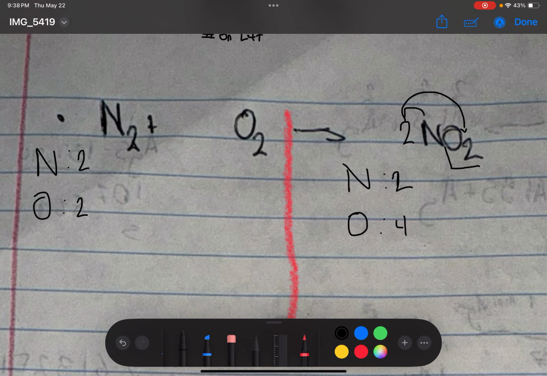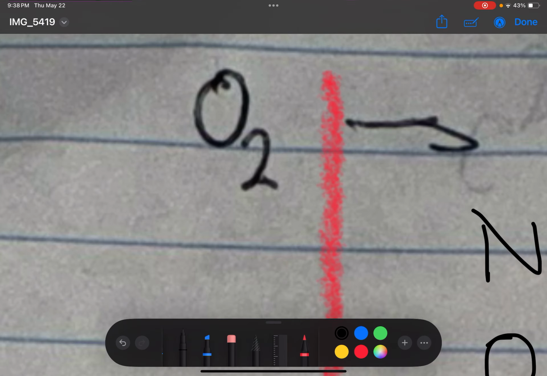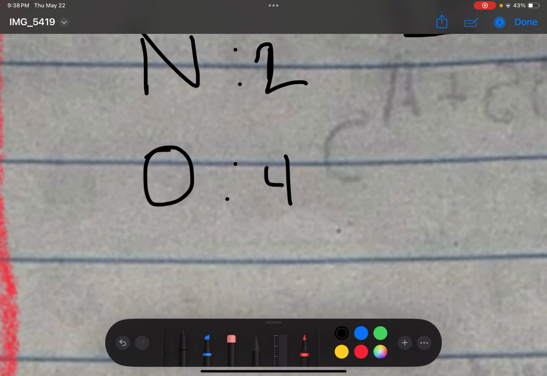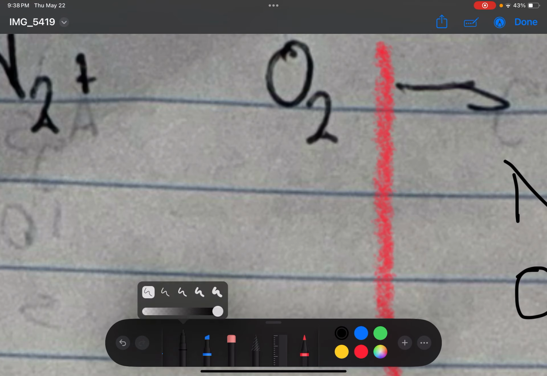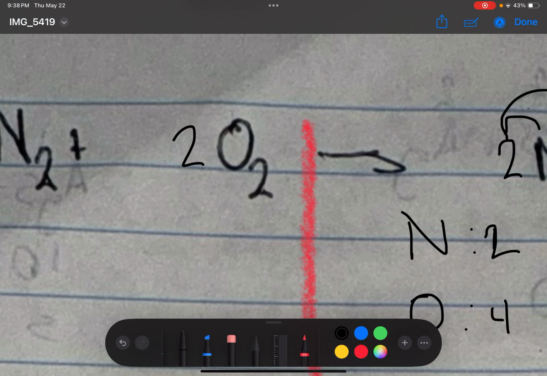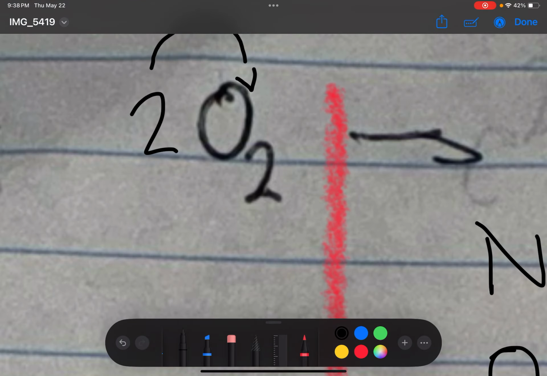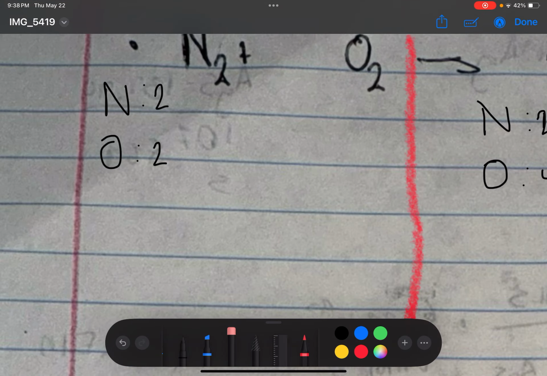So what we can do, go back over here. Yes, it has a subscript, but what can we multiply 2 by to get to 4? It's 2. And then our coefficient multiplies the subscript and the number on the left, which is this one. That means there would be 4 O's.